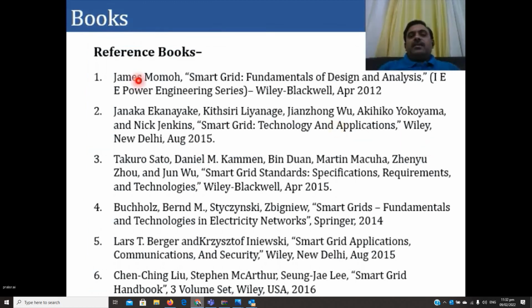Now, as far as the reference books are concerned, there are 6 commonly used books.